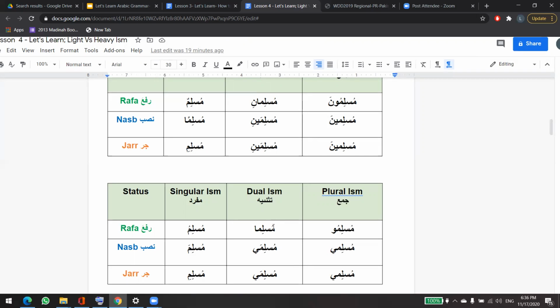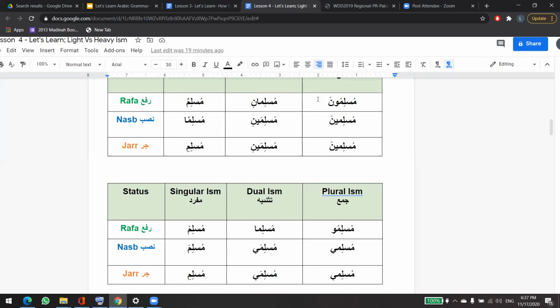The same goes with ending combinations. Like you have Muslimani; to make it light, you remove the extra noon and it becomes Muslima. So instead of Muslimani, the heavier version, it becomes Muslima, but the status remains the same. Muslimani is rafa and Muslima is also rafa.